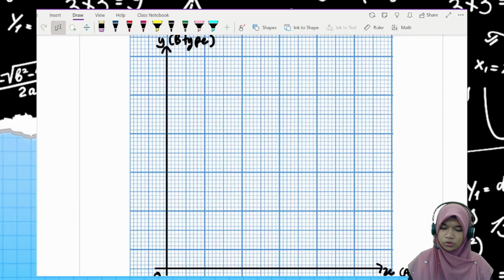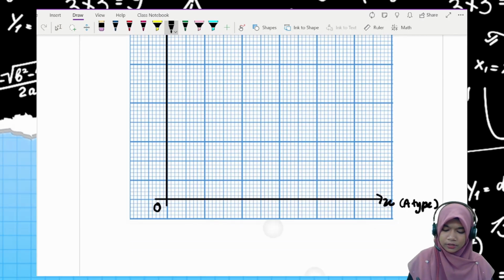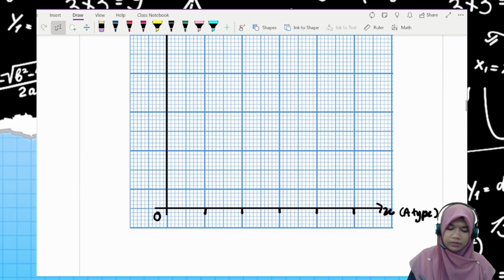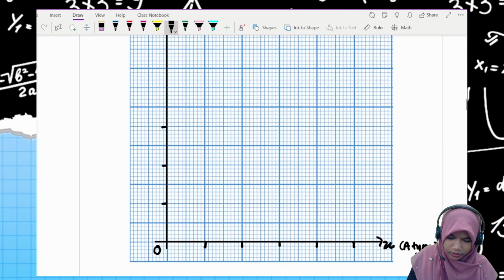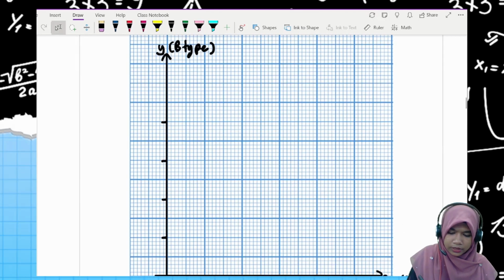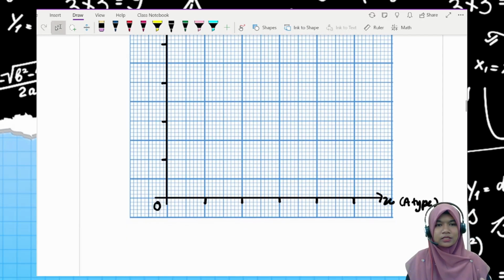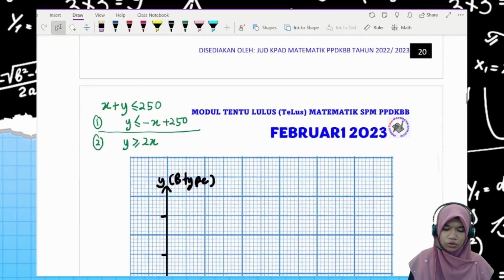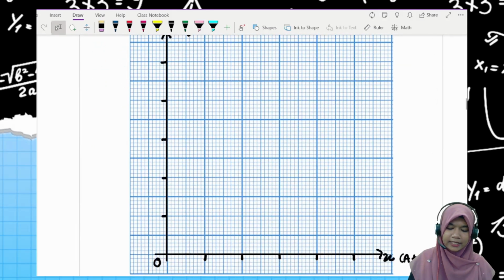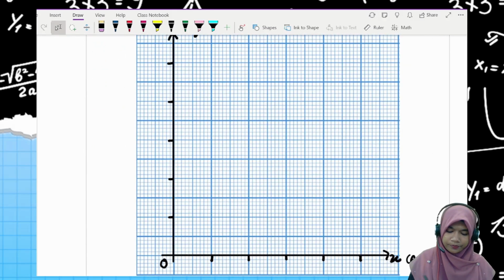Before you draw, make sure you write what scale you use here. The tips on how you determine the scale: make sure it satisfies all the figures that you have here. You have 250 for the y, so y must be at least up to 250.